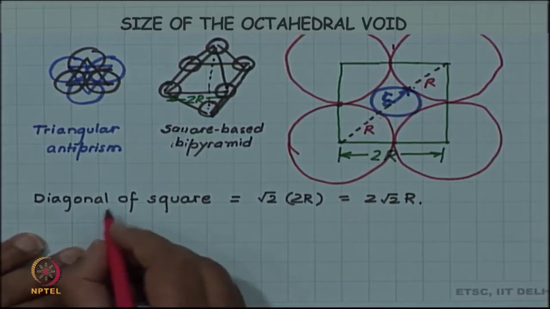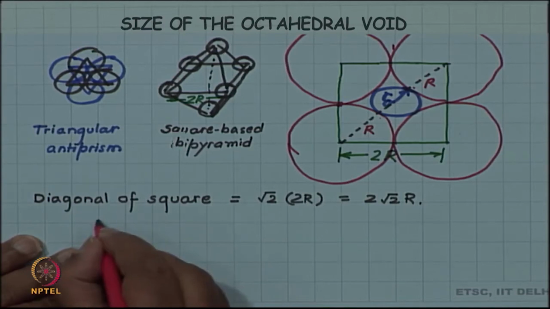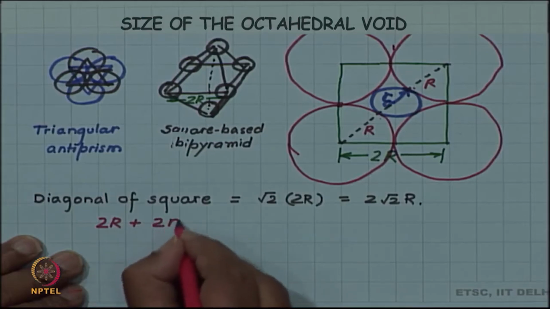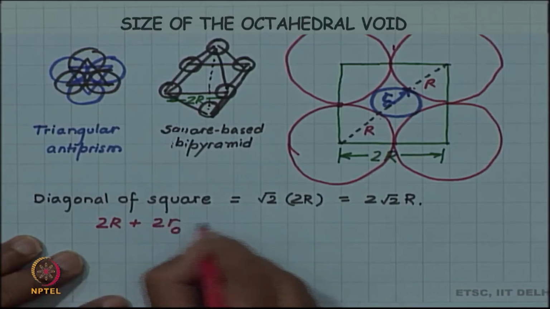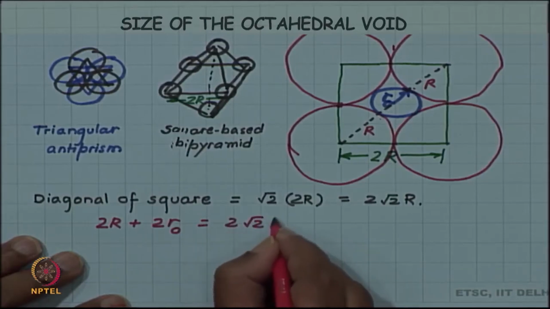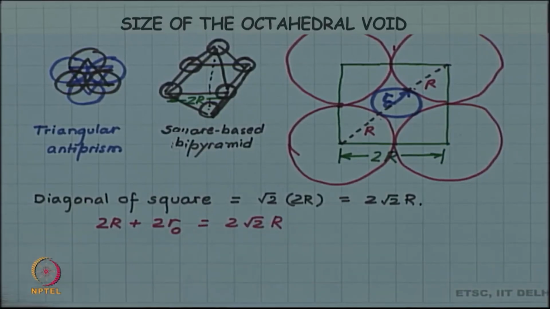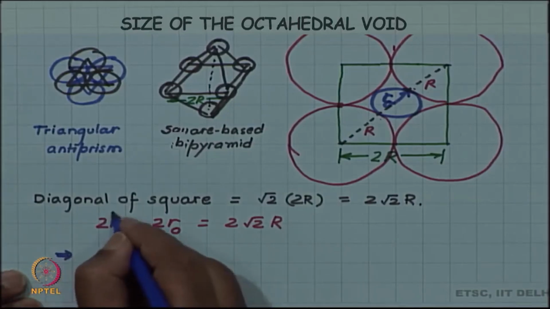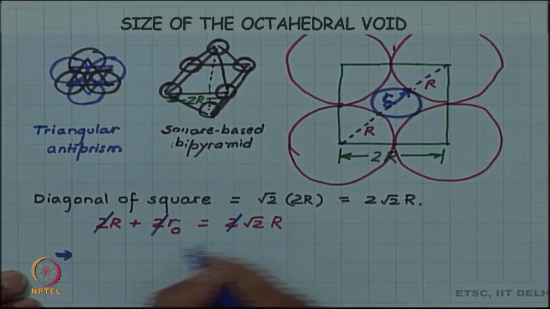So, if I write that expression now, the diagonal of this square can also be written as 2 r plus 2 r octahedral, and this will give me 2 root 2 r. Once we realize this, it is easy to come up with a final result. Of course, we can cancel 2.